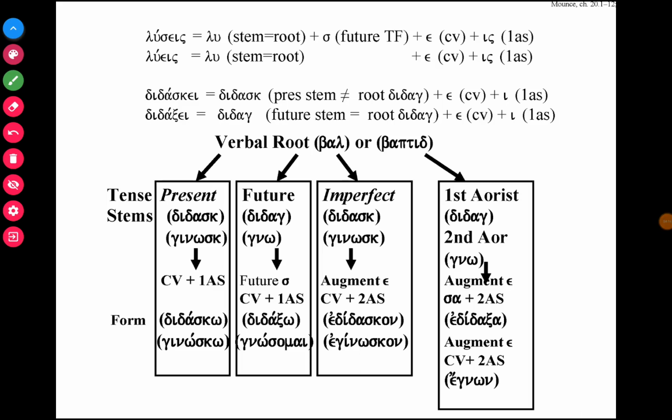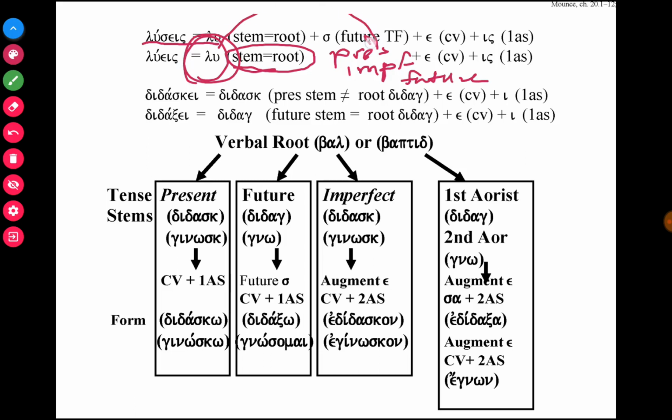In this next slide, I try to chart out how the different verbal roots and stems are attached to different tenses. Again, we're used to seeing where the stem and the root are the same, as in the case of luo. And so regardless of the tense, whether we use the present tense or the imperfect tense or the future tense, we assume that luo is the stem which we use to form all these tenses.